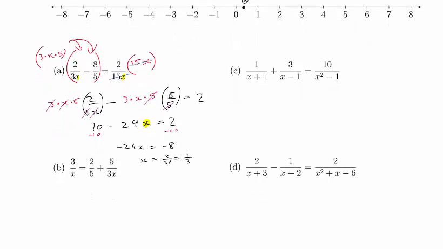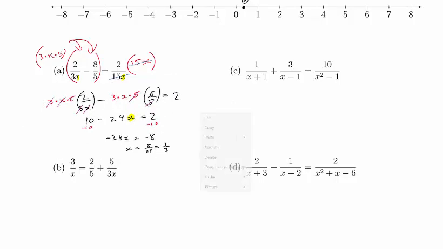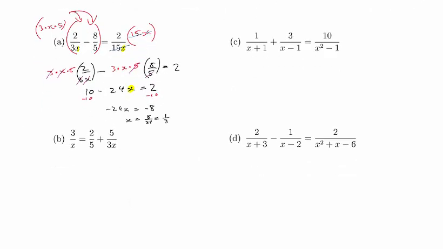Now we're at B. Let me go ahead and shrink that down a little bit. Alright, lowest common multiple. So we've got an x, a 5, and a 3x. We want to find the lowest common multiple. So note that the x is repeated here and here.